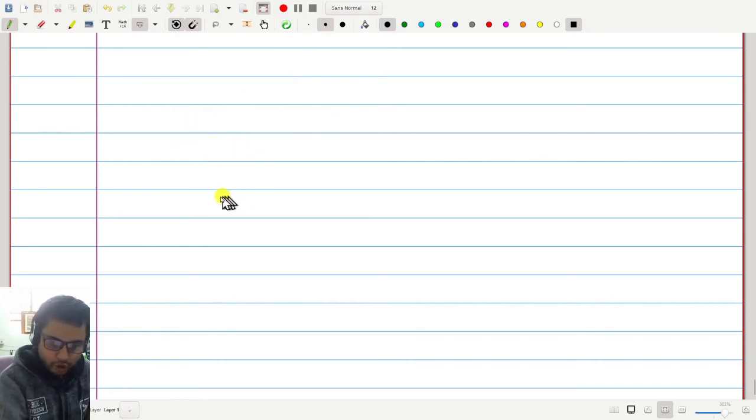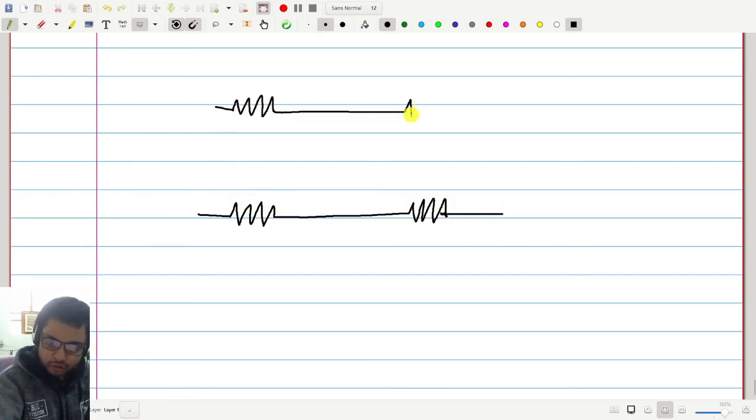I am going to draw a bridge, but let me first draw a Wheatstone bridge. 1, 2, 2 resistances, then 3, 4.